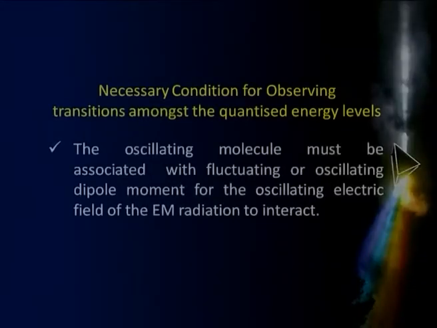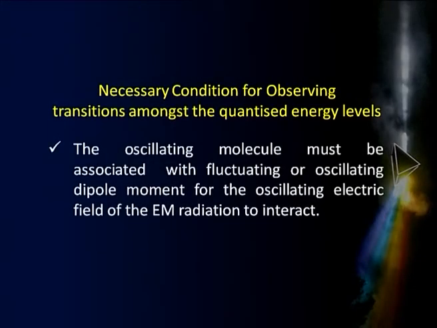But for the molecule to interact with IR radiation, we need a certain prerequisite: if a molecule is vibrating or oscillating, it must be associated with a fluctuating or oscillating dipole moment, because this oscillating dipole moment which the molecule generates will interact with the oscillatory electric field of the EM radiation. Only then can the two interact and we get a resultant spectrum.